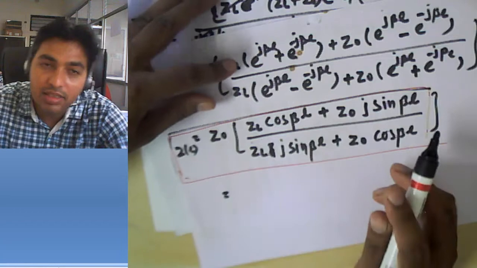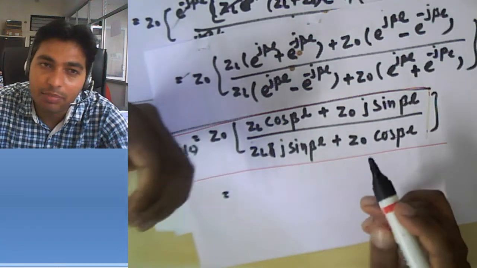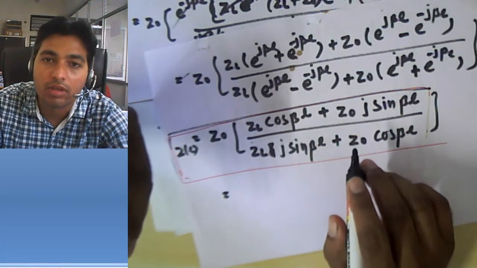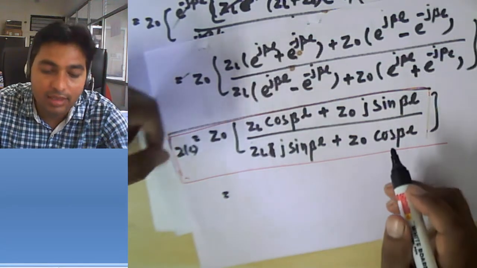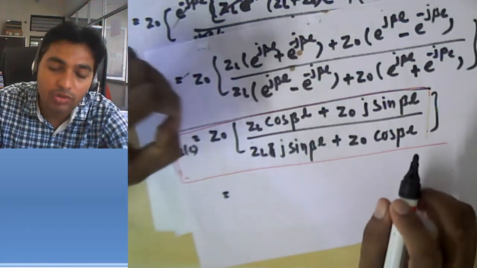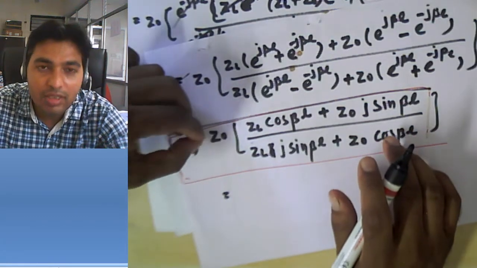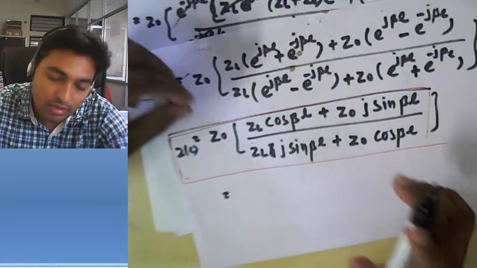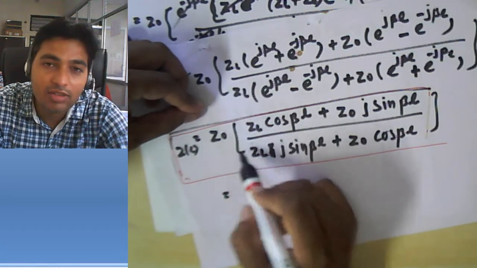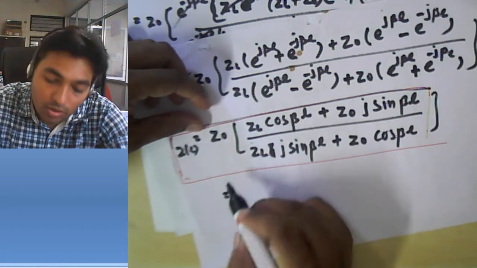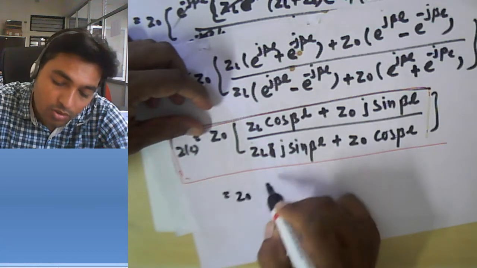This is the impedance at any point. You are seeing impedance from one point of the line, and the second point, how it will look in terms of the length of the line. That is the impedance, or you can say the input impedance of a transmission line. So input impedance is always Z0 times some impedance, and that impedance is given by this one. So we'll further solve this.